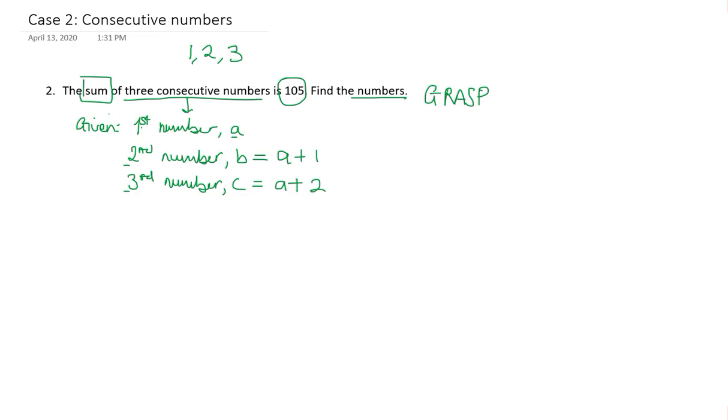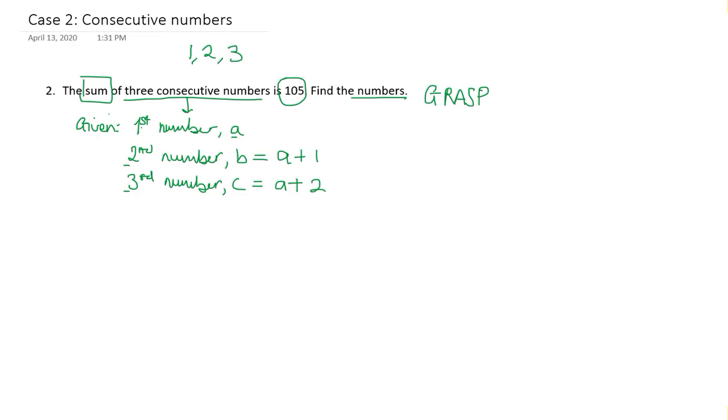So imagine here, since you're given only 3 consecutive numbers, we have to deal with only 3 numbers. To deal with the 3 numbers, you write the other numbers in terms of the original or beginning number that you assign. Take note that A could be any number.